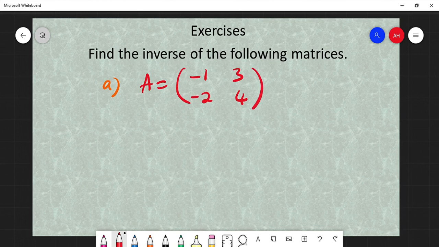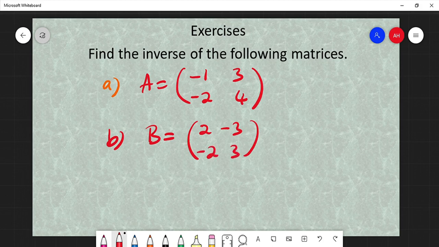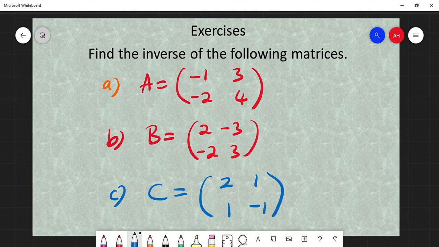Find its inverse by using the formula that I discussed a few minutes ago. Question number 2, matrix B is 2, negative 3, negative 2, 3. For the last exercise, matrix C equal to 2, 1, 2, 1, and 1, negative 1. Find the inverse of this matrix.